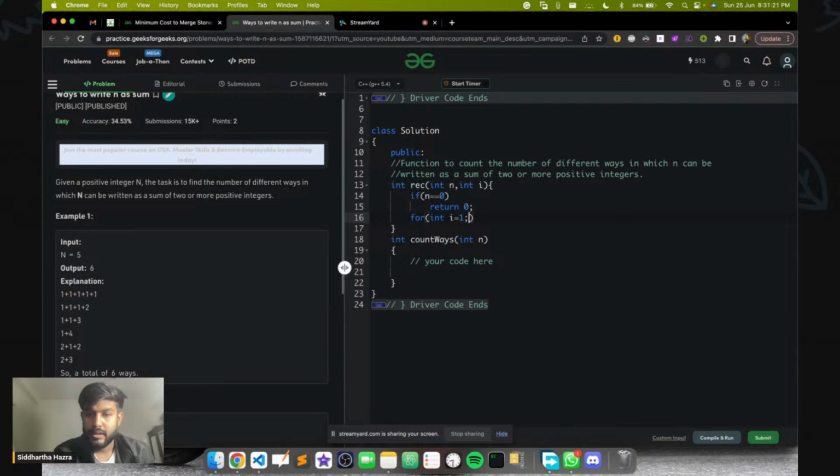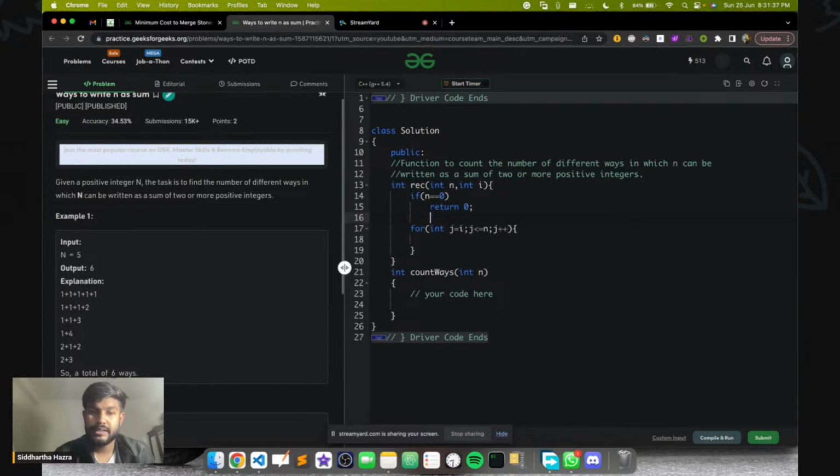For int j equals I, j less than or equal to n, and j plus plus. Here I would initialize int answer equals 0, and answer plus equals rec of n minus j.